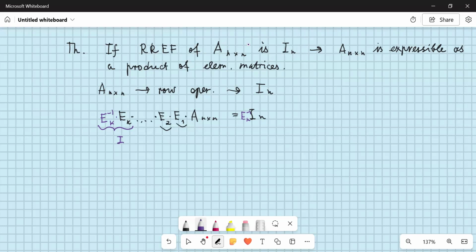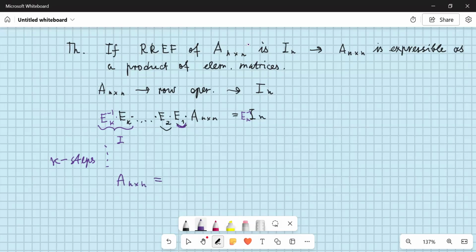I'm going to repeat this procedure K times until I cancel everything. After K steps, I'm going to get A_N on this side, just because I eliminated all of this.